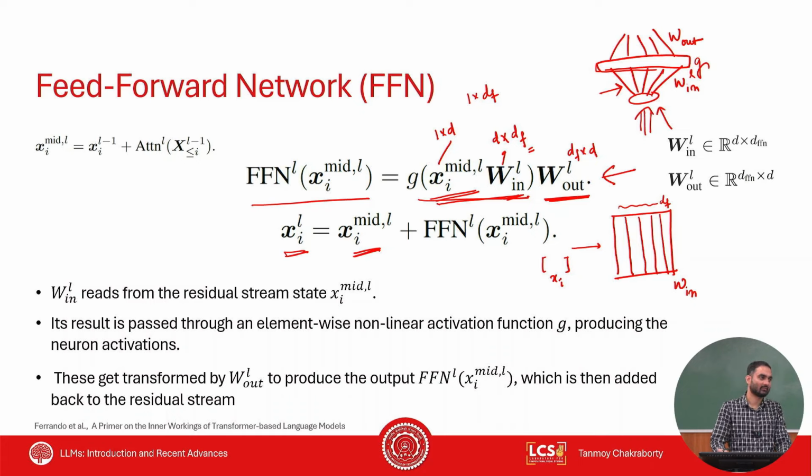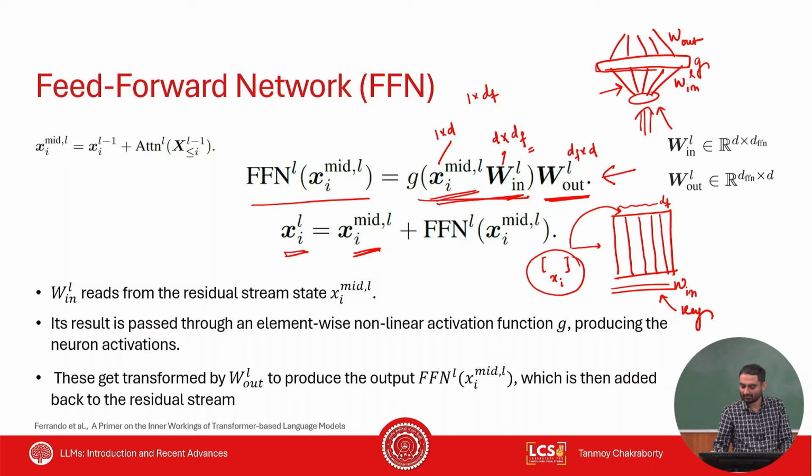When you multiply this, it will essentially act like some sort of pattern detector. Depending on this input, it will retrieve some sort of pattern out of this W_in, and we call this matrix the key matrix. Now this key and the previous keys are different. This is not the query key value. This is a key matrix that we discussed in the ROME paper, the key value memory.